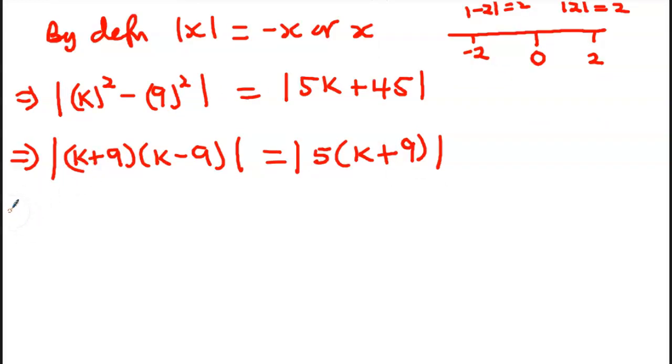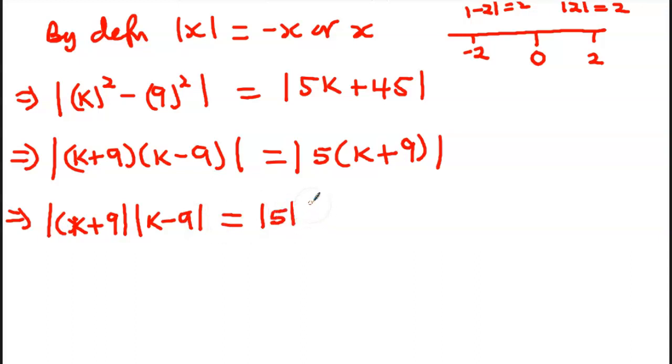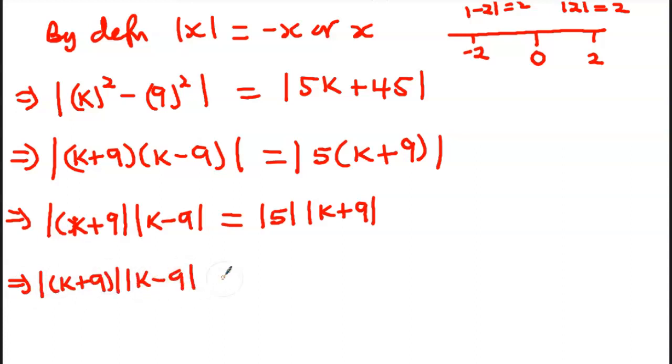Now, by properties of absolute value, we can split this one as absolute value of k plus 9 and absolute value of k minus 9, which is equal to absolute value of 5 and absolute value of k plus 9. So we can bring the expression on the right hand side to the left hand side. Absolute value of k plus 9, absolute value of k minus 9, minus absolute value of 5 times absolute value of k plus 9 is equal to 0.